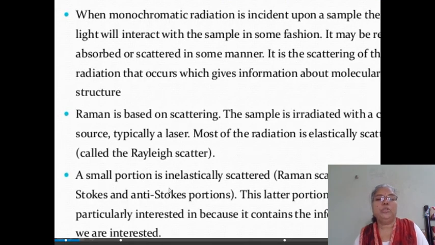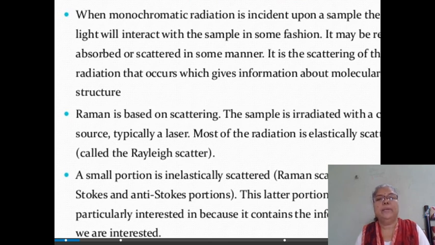A small portion is inelastically scattered, that means it was shown by the scientist Raman, so it is called Raman shift. Here, the scattered light may have other frequencies, either a greater frequency or a lesser frequency. That means different frequencies other than the incident light, and it was shown by the scientist Raman.